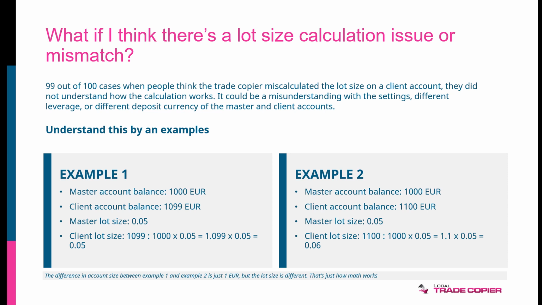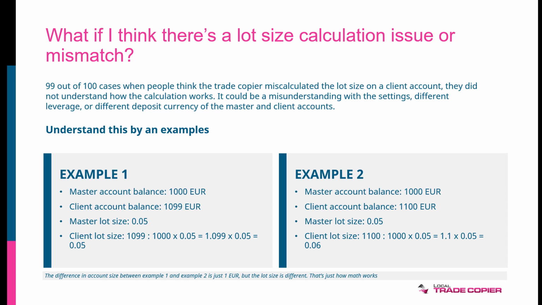In the first example, we divide the client account balance by the master account balance to get the ratio, and then multiply it by 5 microlots, and the result is 5 microlots, the same.